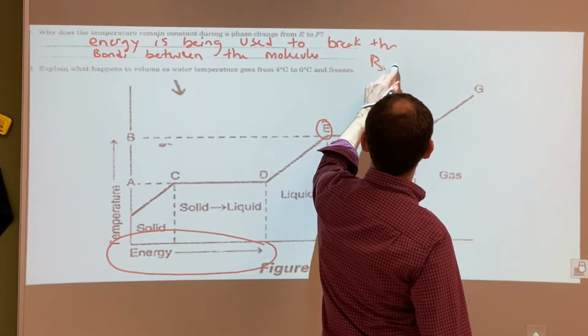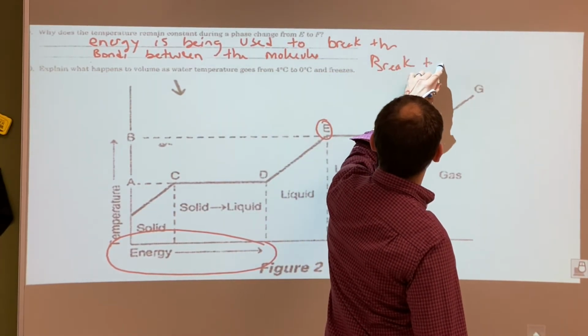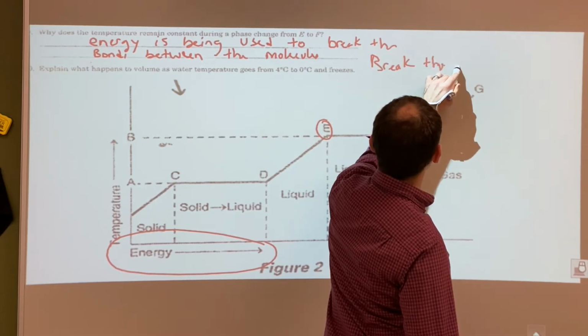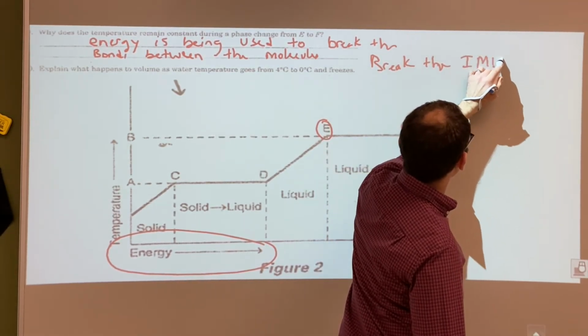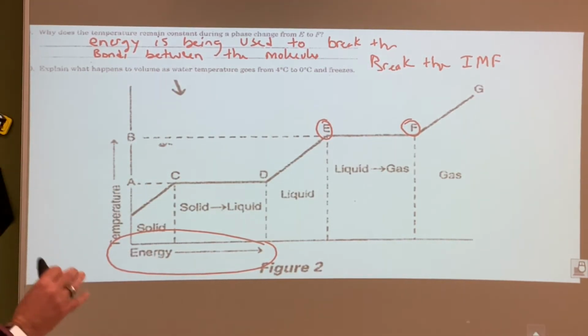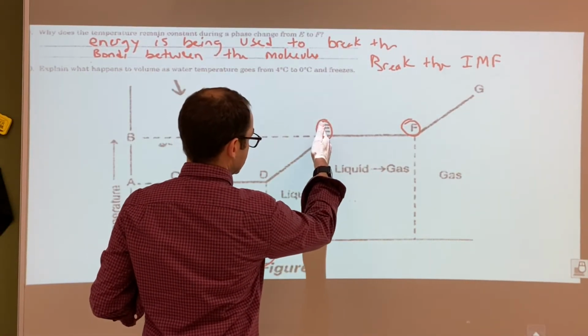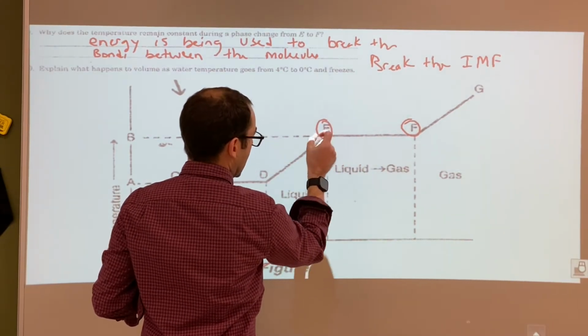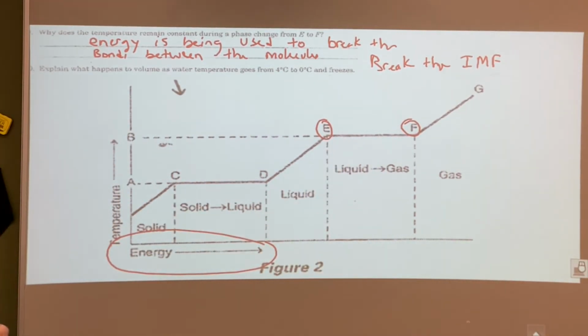Or it's being used to break the IMF, or the intermolecular forces. So that, instead of raising the temperature, all that energy is being used to break the bonds in between the molecules instead of raise the temperature.